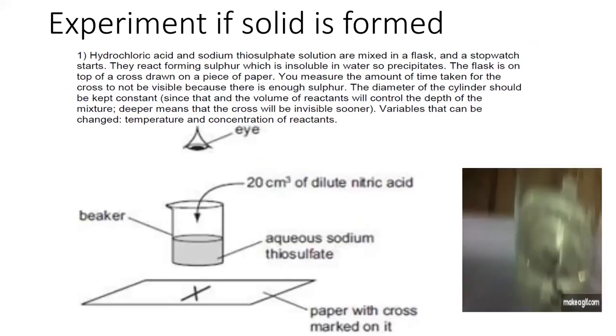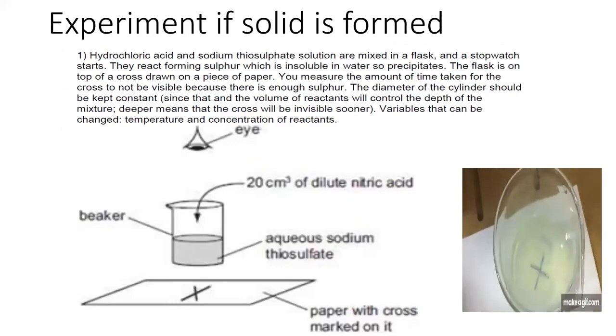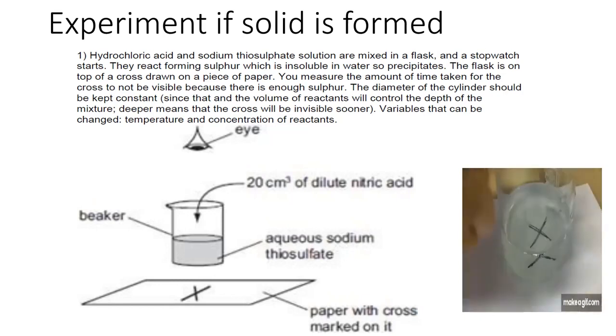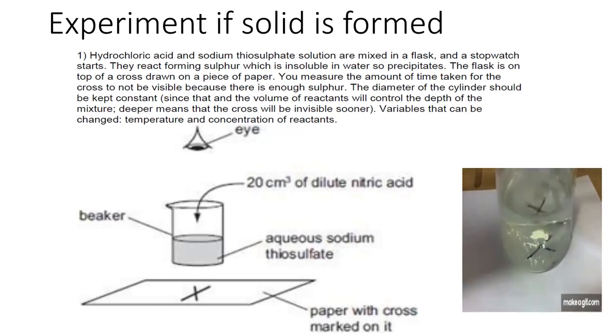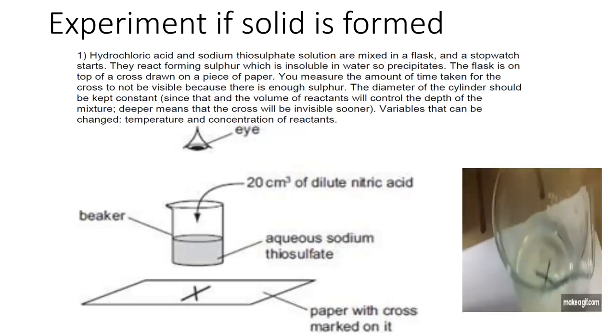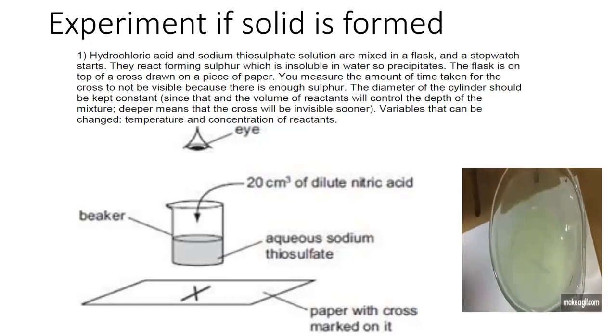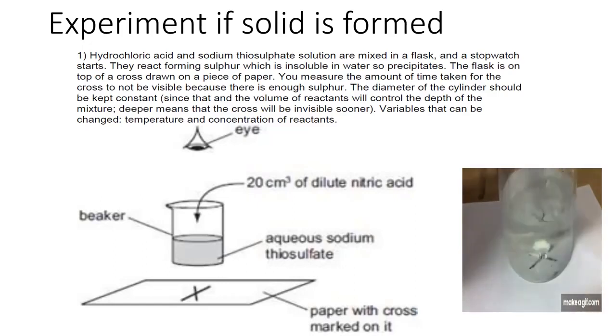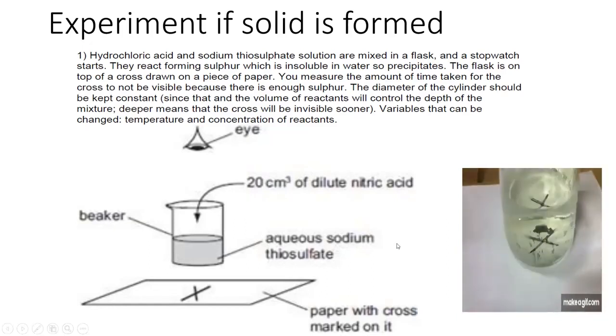As the solution turns cloudy, the cross will disappear, and we can work out when the reaction is completed and compare the rate or speed of the reaction by the time it takes for the cross to disappear.